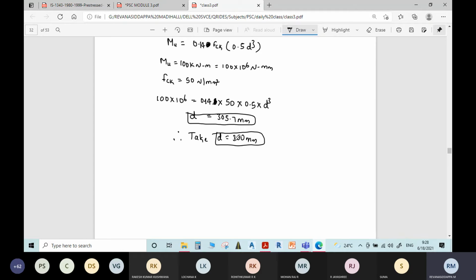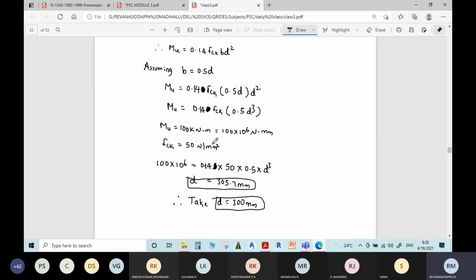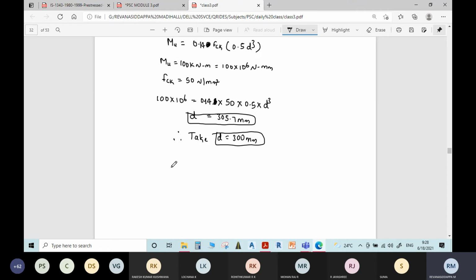Now you got effective depth required. If you know effective depth required, you can calculate what will be the width of the beam. Width of the beam we have assumed as half of the effective depth. Therefore b is equal to 0.5d, b is equal to 0.5 into 300.